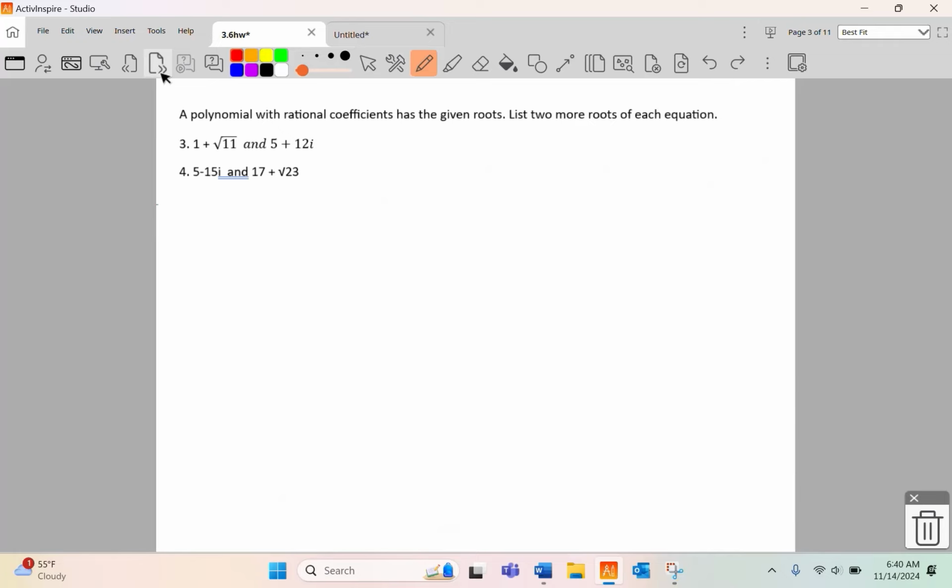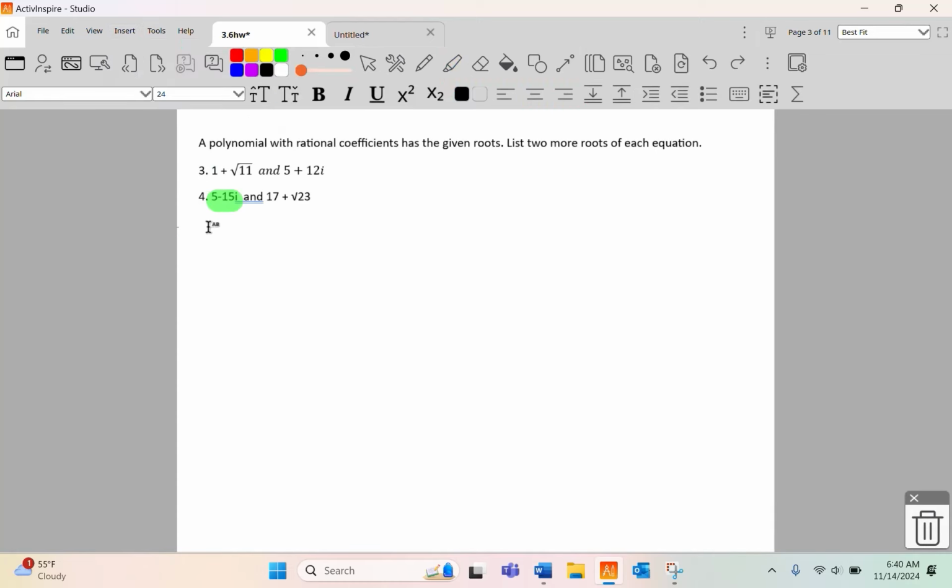Polynomial with rational coefficients has the given roots. List 2 more roots of each equation. So I'll do number 4. So here we have an imaginary number. We have a complex number, and it's in the form a plus bi.